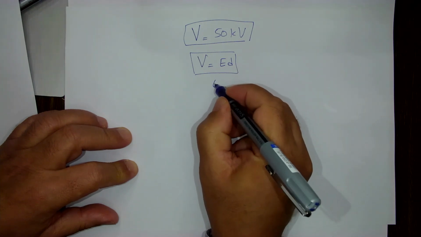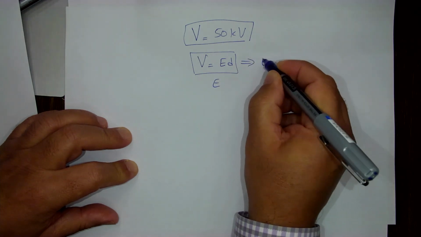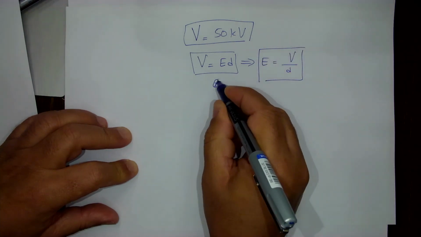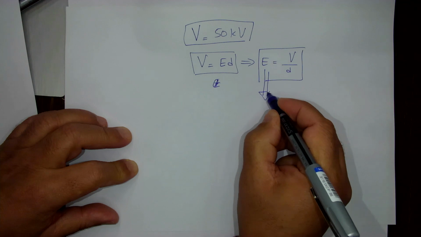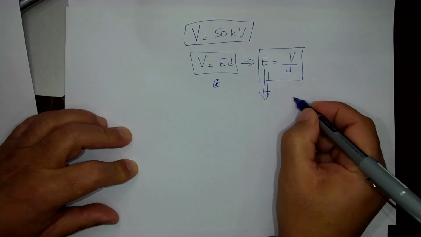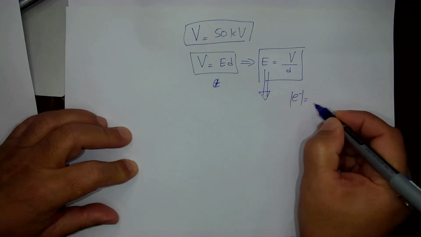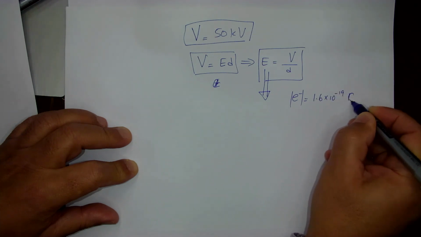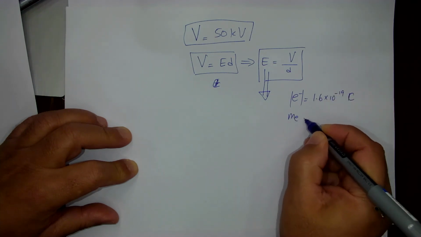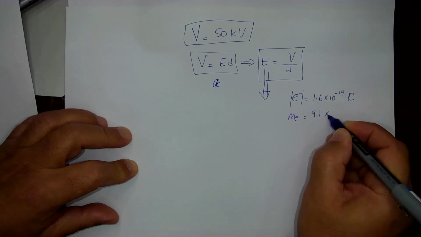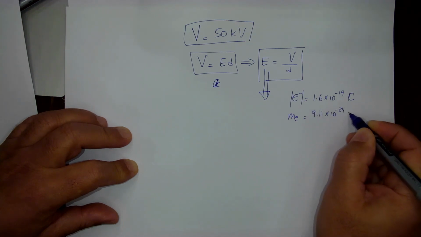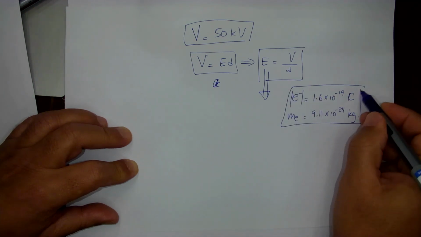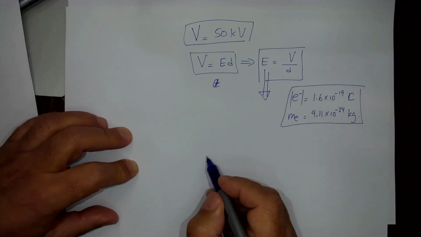So from here, I can find E is simply V over D. And once I find the electric field, remember, these are electrons, which have a charge of 1.6 times 10 to the power minus 19 coulombs, and a mass of the electron equal to 9.11 times 10 to the power minus 34 kilograms. Okay, so that's the mass and the charge of the electron.